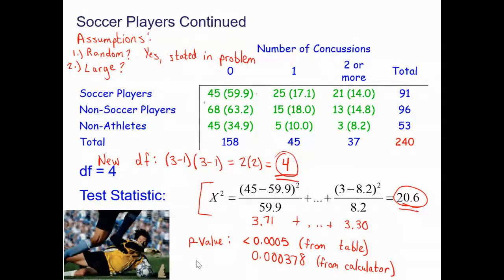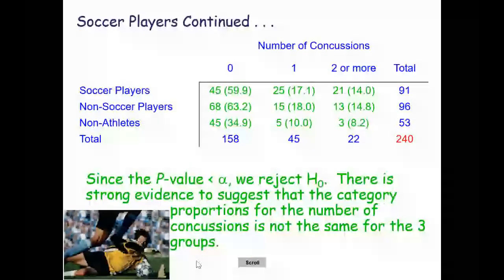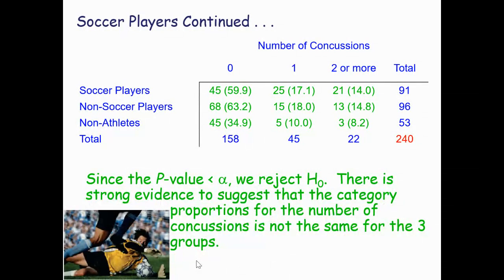It's still smaller than 0.01, so we would reject it. Yeah. So since p-value is less than alpha, any reasonable alpha, we would reject the null hypothesis. There's strong evidence to suggest that the category proportions for the number of concussions is not the same for the three groups.